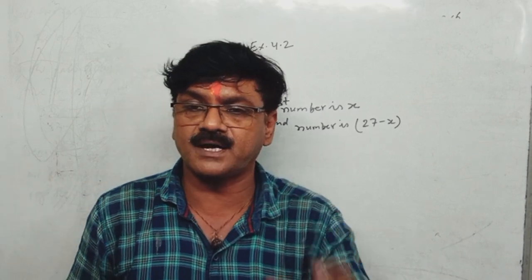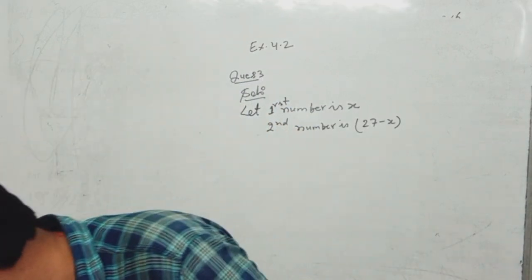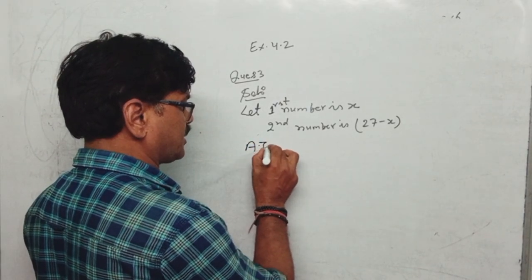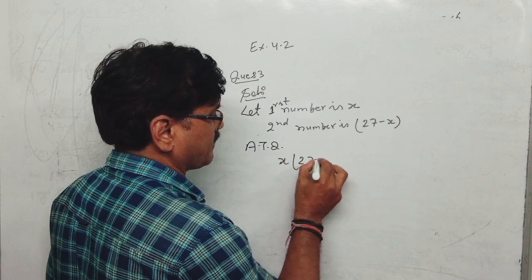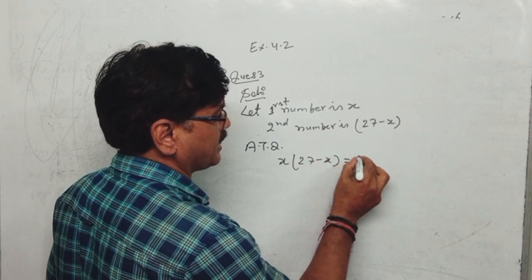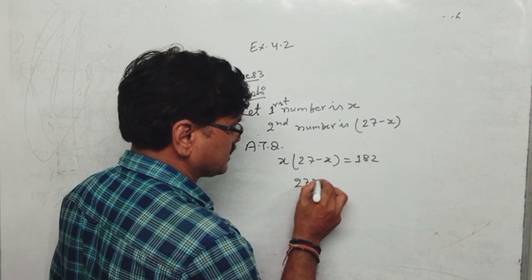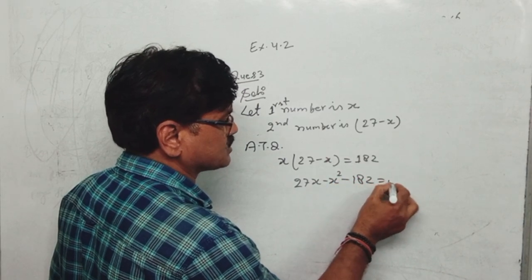The product of these two numbers is 182. So according to the question you will write x in bracket 27 minus x is equal to 182. Now 27x minus x square minus 182 is equal to 0.